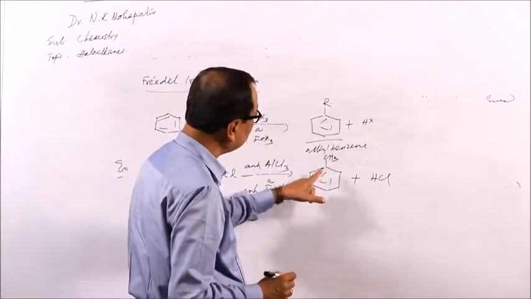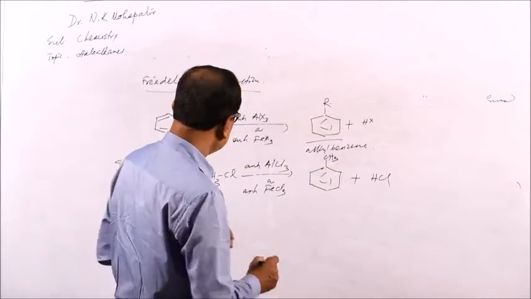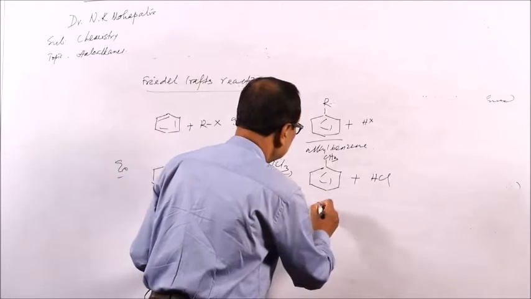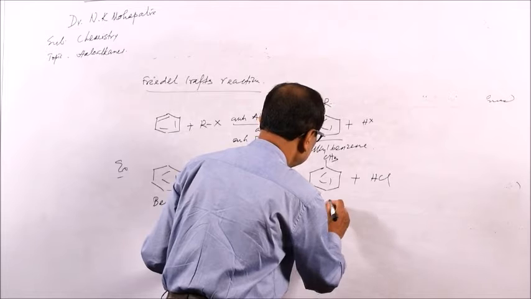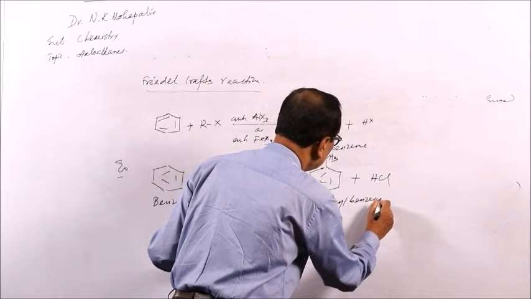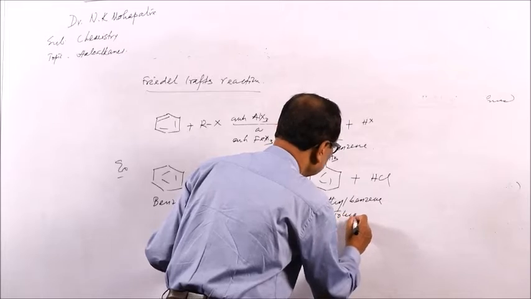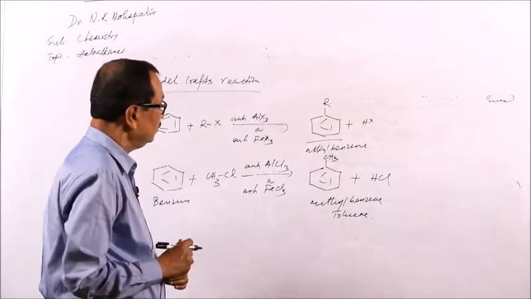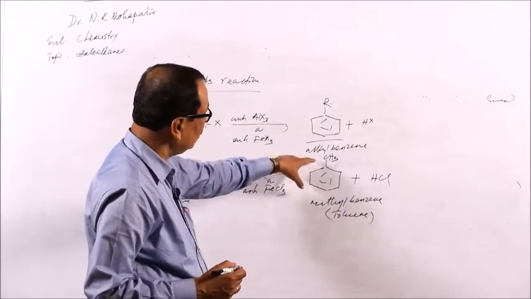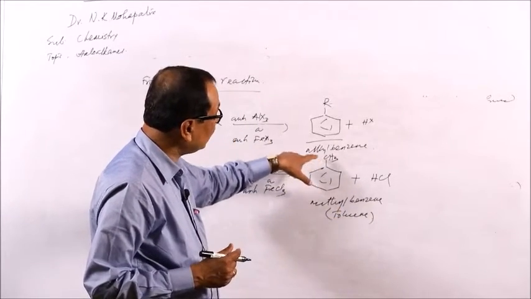Here the methyl group is substituting a hydrogen of benzene. This is benzene, this is methyl benzene or toluene. In this way, you are substituting an alkyl group on benzene.